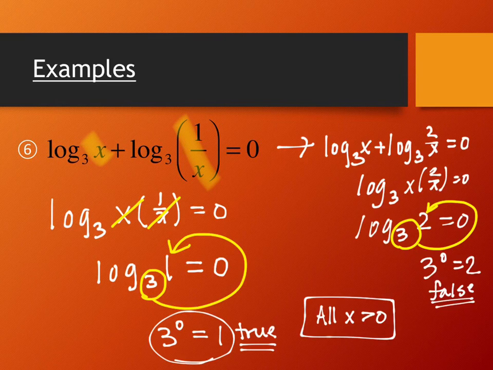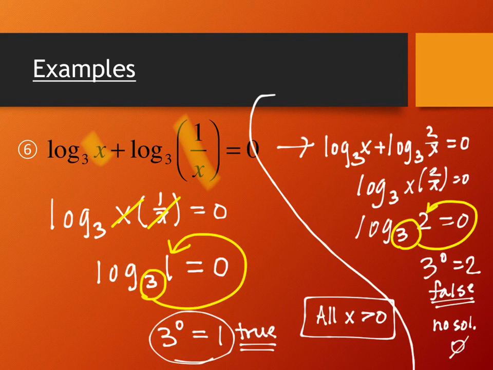So one option is that the variable disappears and it's still a true statement. The other option is the variable disappears and it's false. So if the variable disappears and it's true, we get all the values that are actually valid that x could be. What happens if it's false? There's no solution. Okay?